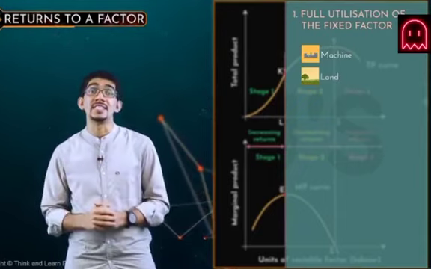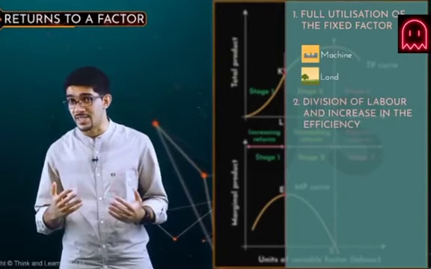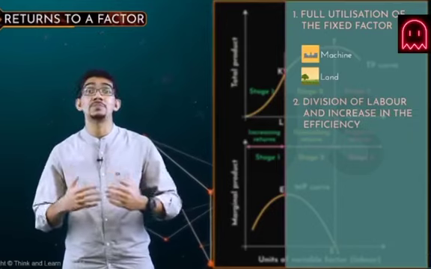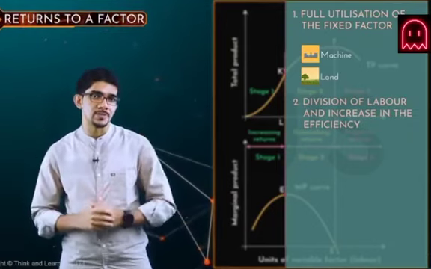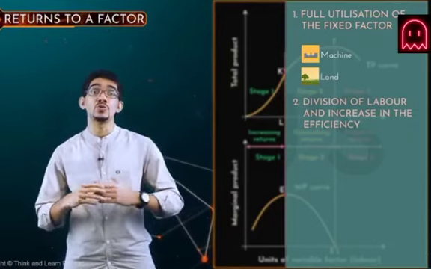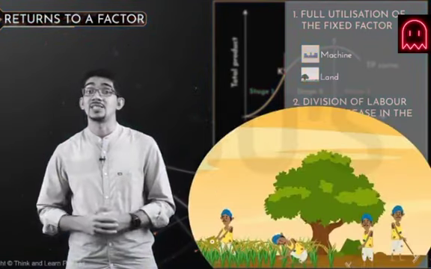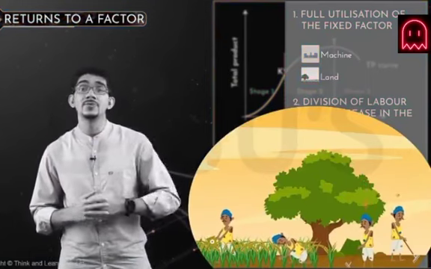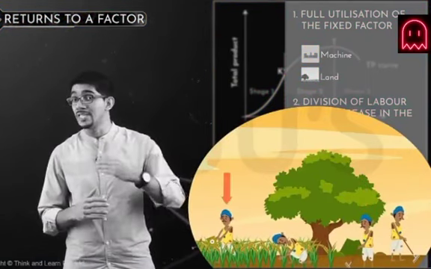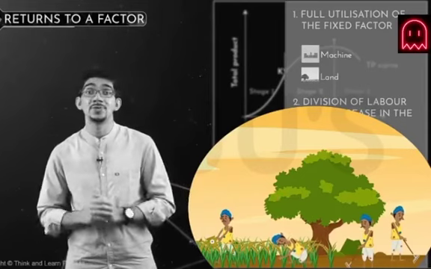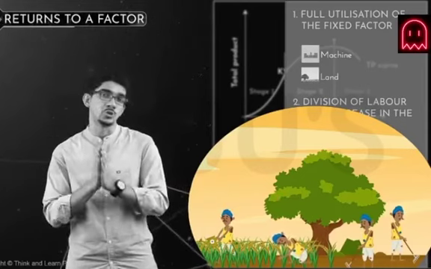Second reason is division of labor and increase in efficiency. Additional application of the variable factor like labor enables process-based division of labor. Specialized workers may be used for different processes of production. For example, in a farm, Chandra might employ these workers for the actual tilling and have these workers for clearing the land or for fetching water, etc., so that their time is not wasted and is utilized.